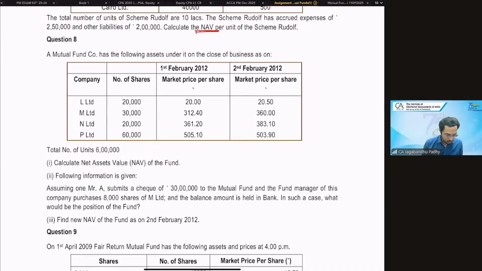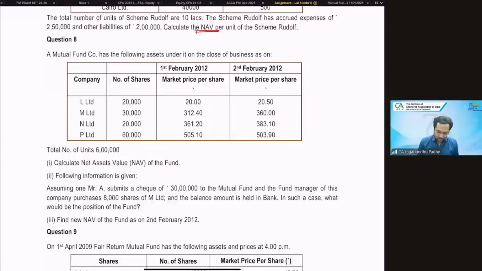The following information is given. We assume one Mr. A submits a check of 30 lakh to the mutual fund, and the fund manager purchases 8,000 shares of M Limited, and the balance amount is held in bank. In such a case, what will be the position of the fund? Find the new NAV as on 2nd February.